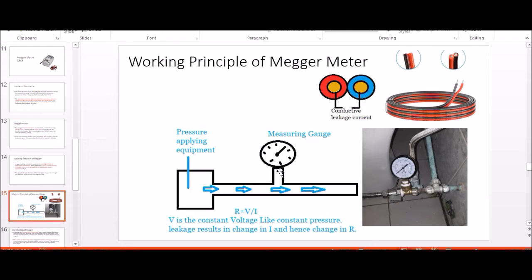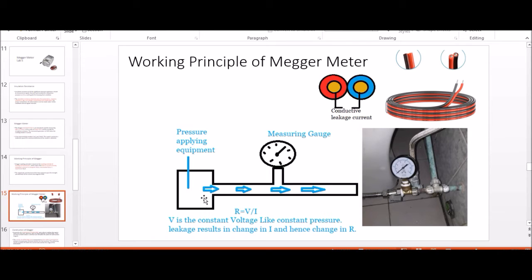So somehow the whole working principle of the Megger meter lies around the concept of a pressure pipe, right? The plumbing instruments which a plumber uses are dependent on that specific concept. What a plumber does is apply a specific pressure in a pipe, right? Now that pipe can be a gas pipe or a water pipe.